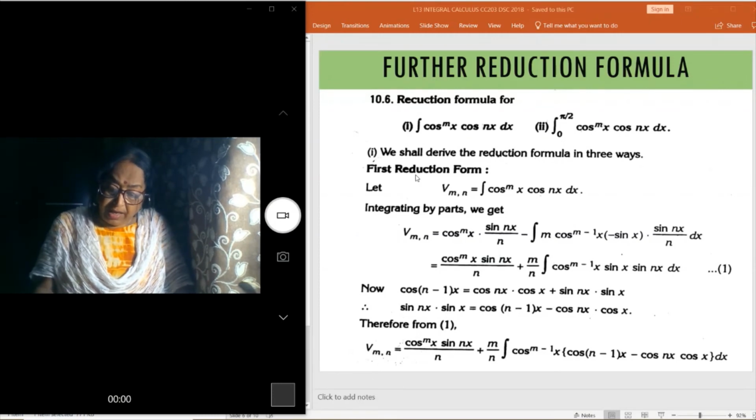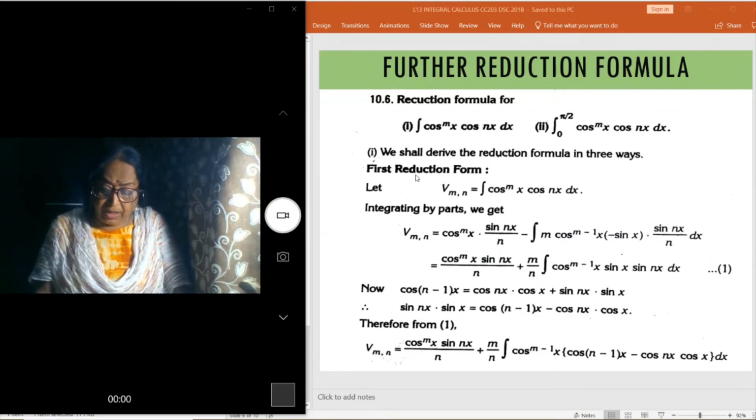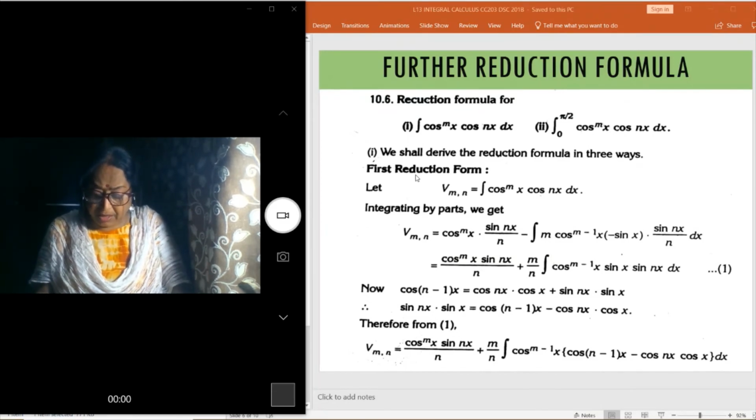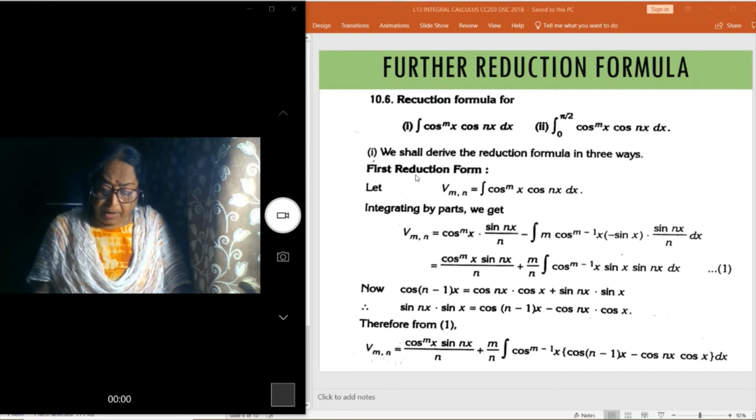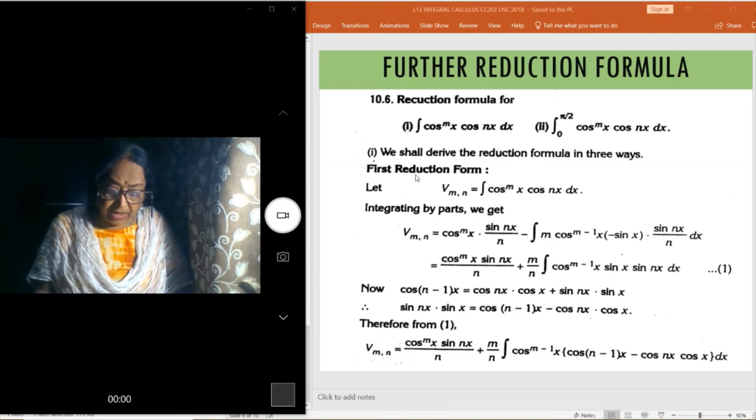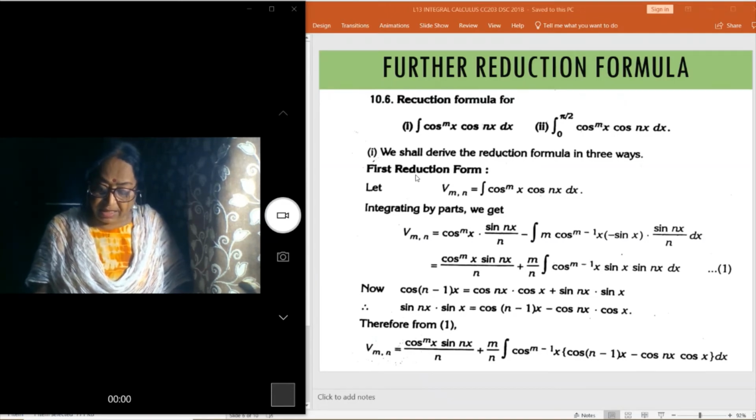Here again we use the integration by parts, and ultimately we have received cos to the power mx into sin nx by n plus m by n integration of cos to the power m minus 1 x into sin x into sin nx dx.